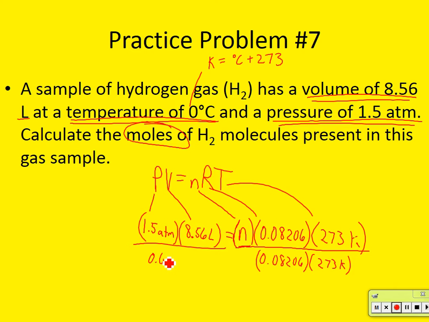So 0.08206, and we're dividing by 273 Kelvin again. What happens over here, guys? They cancel out. Anything divided by itself is 1. So n, number of moles, equals 1.5 times 8.56 divided by 0.08206 divided by 273. Take a second, get a calculator. Let's see what you guys get.